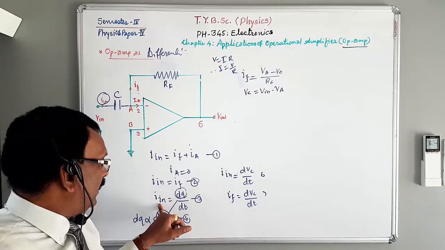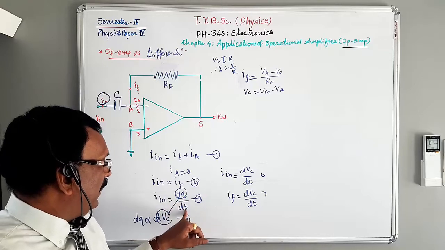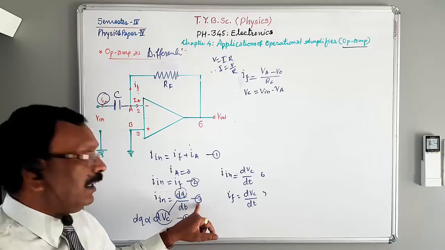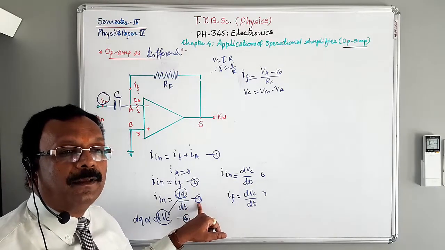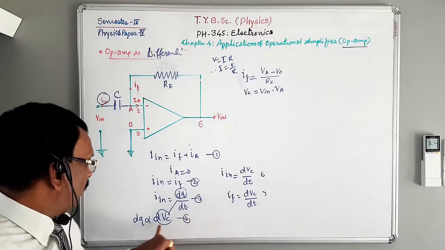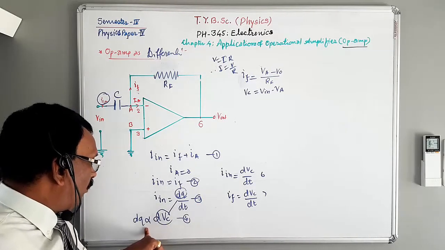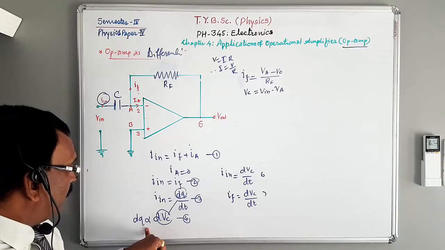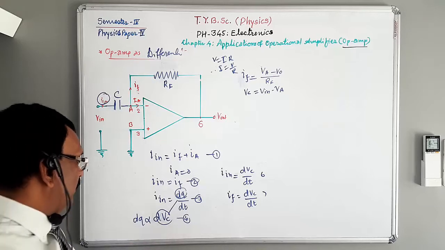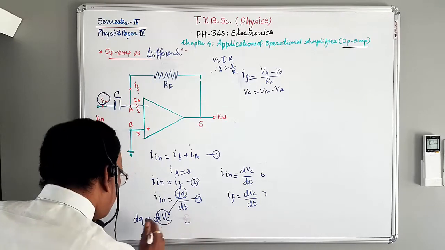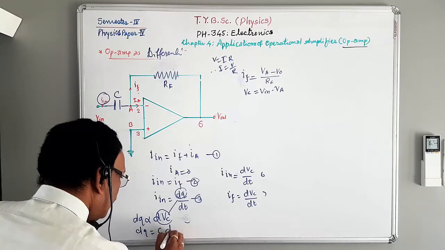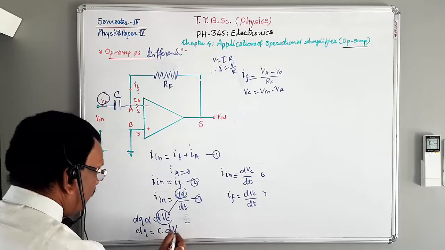We have I_IN is nothing but dq by dt, that is the rate of change of charge. That is equation 3. Now, we know that dq is equal to C dVc, where C is the constant of proportionality.